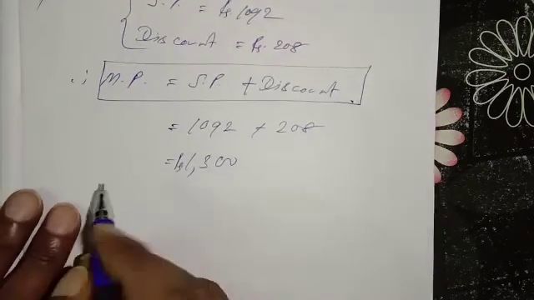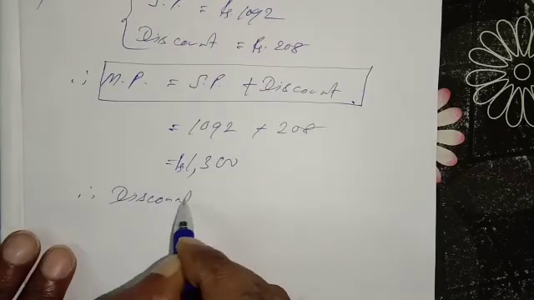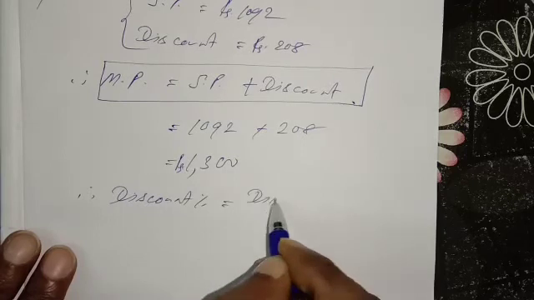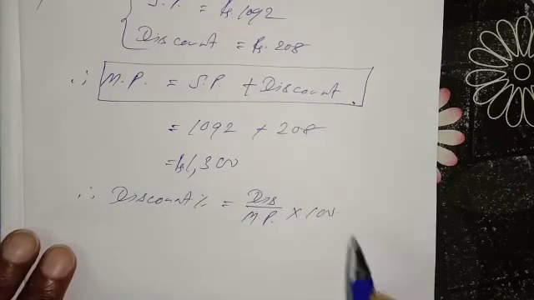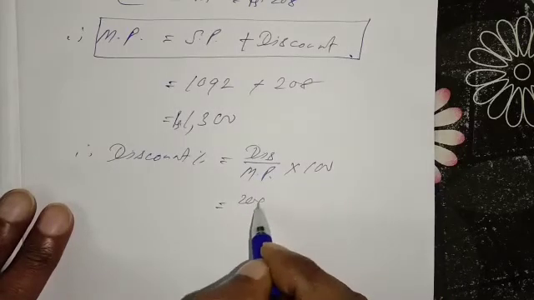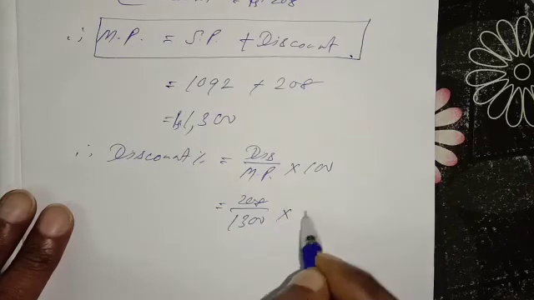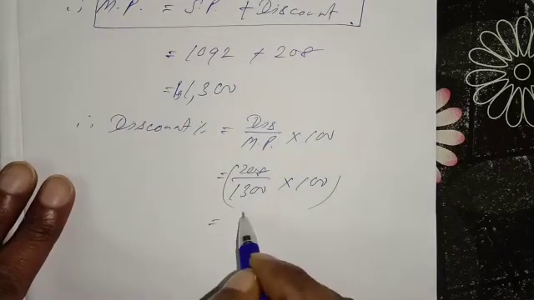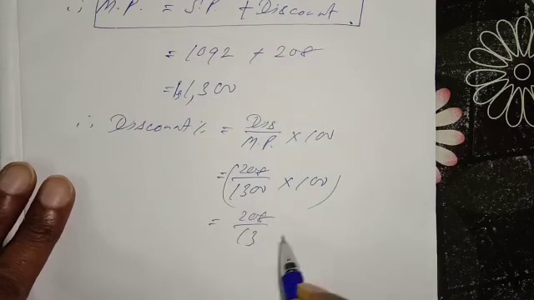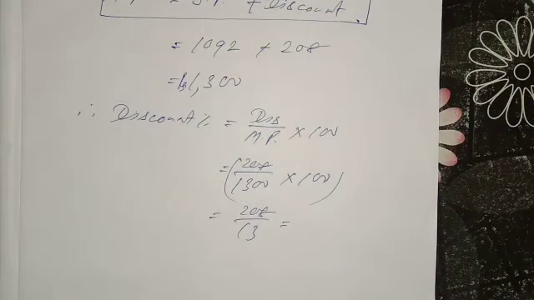And you have to find out discount percent. Therefore, discount percentage will be discount by mark price into 100. What is your discount? Discount is given 208 by mark price 1300 into 100. It will convert to percent. 0 cancels. 208 by 13. Just calculate 208 by 13, how much is coming?